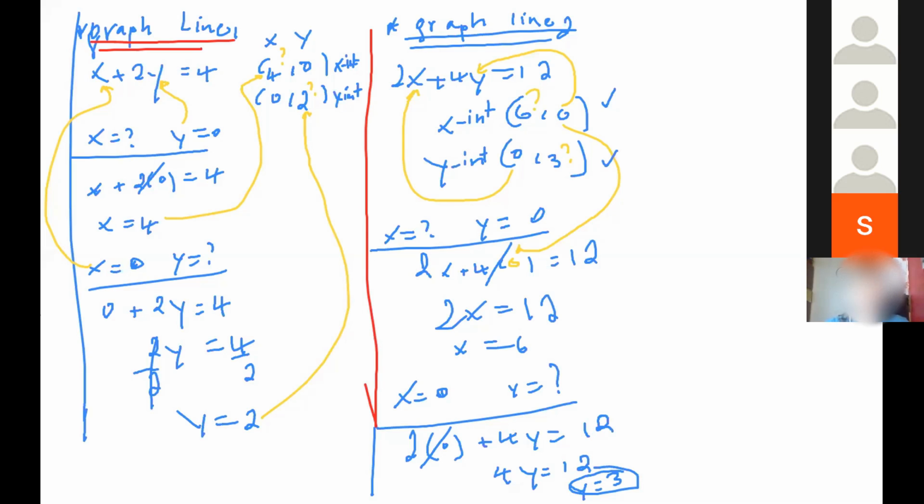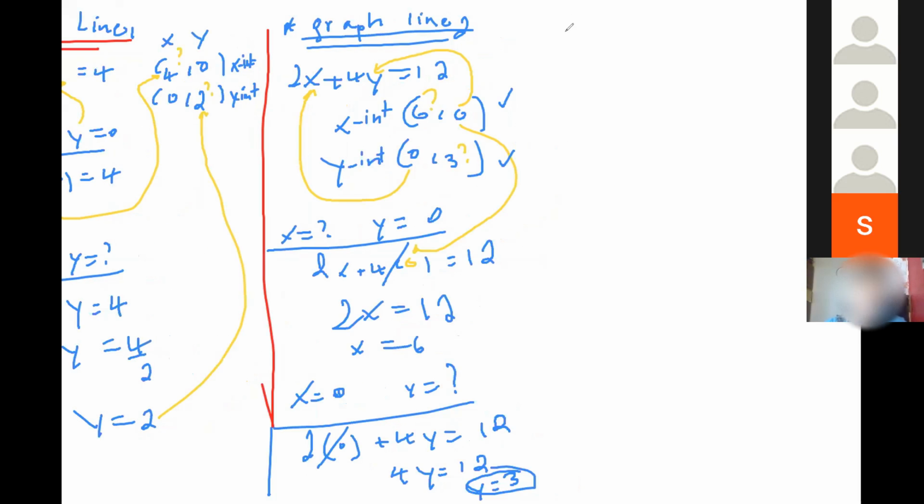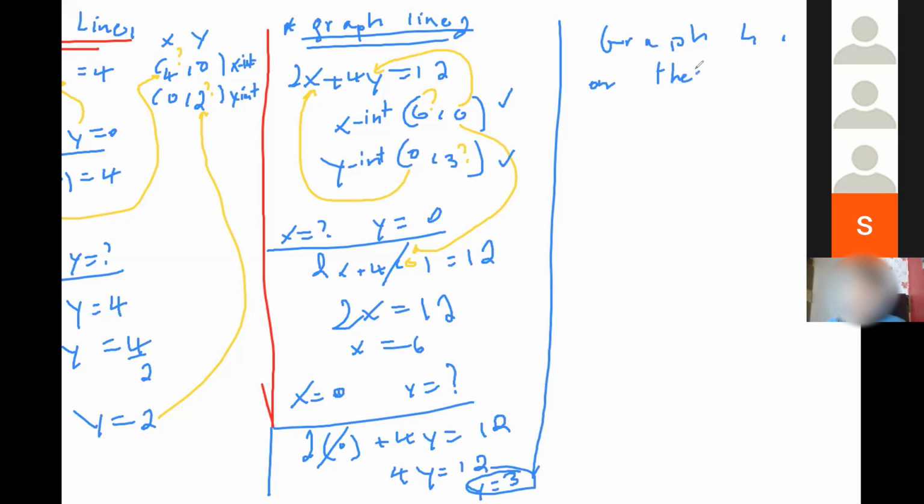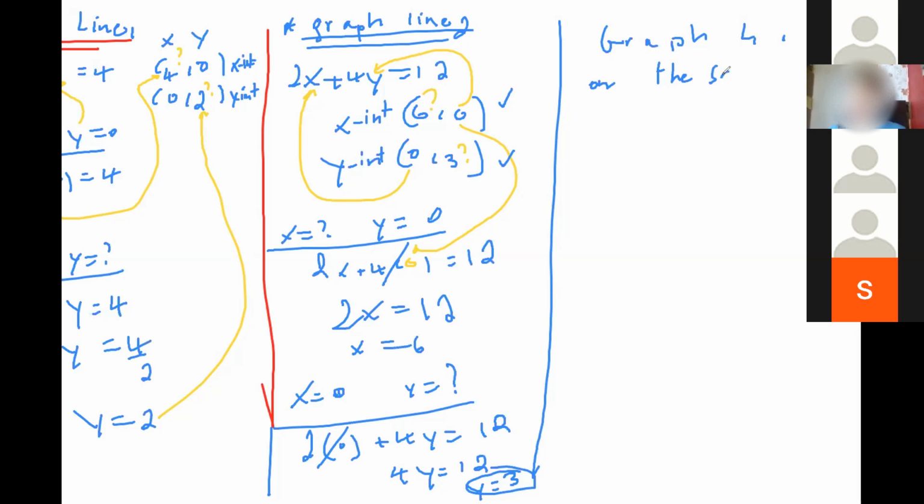So we're going to need a bidimensional graph, an x and y graph, L1 and L2 on the same graph. It has to be the same graph, okay? Otherwise, you won't see the solution or the intersection.